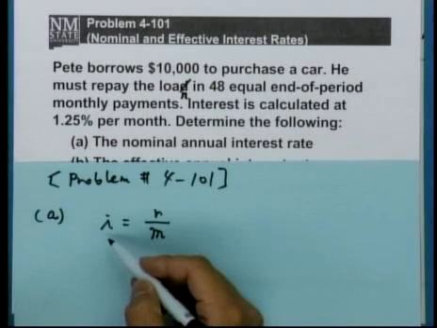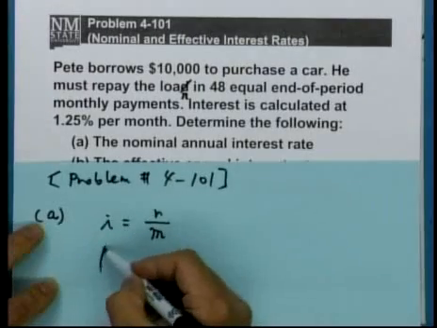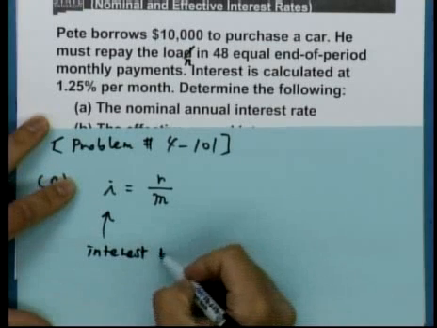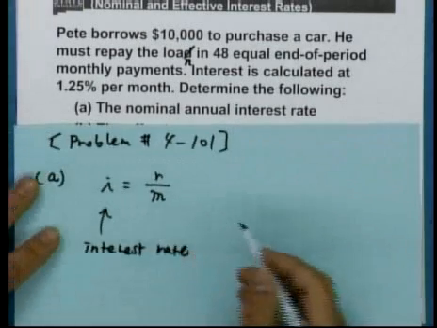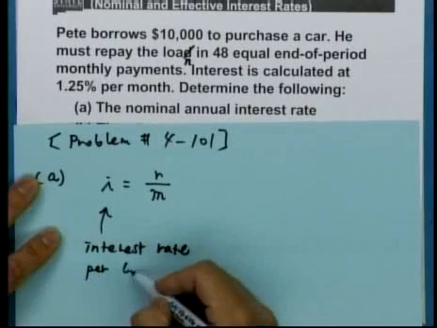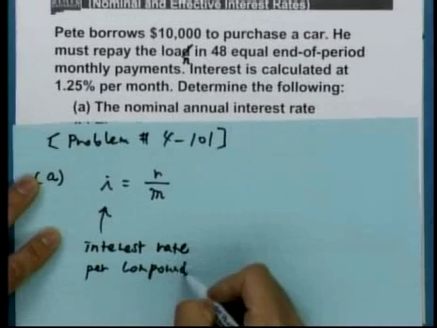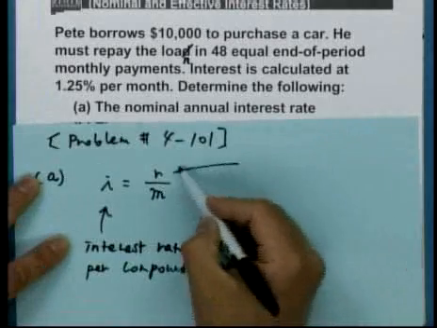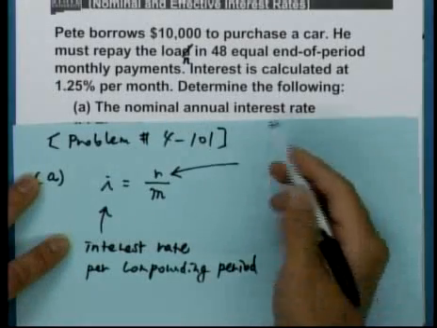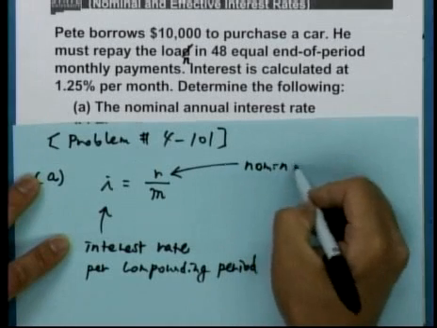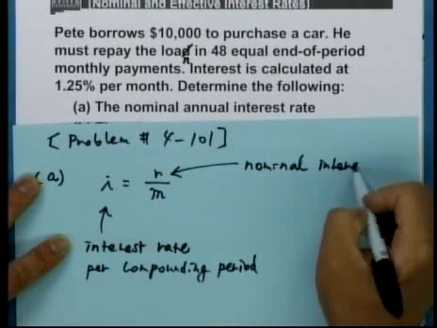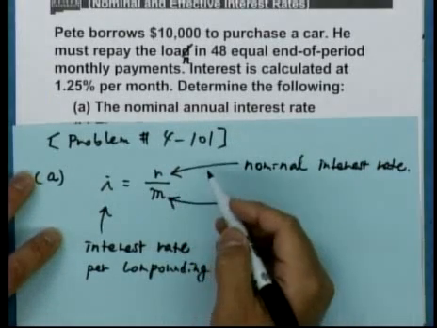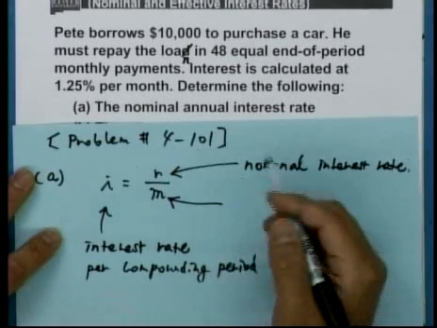I is the interest rate per compounding period. What is R? That is the nominal interest rate, right? And what is M? M is the number of compounding periods per year.